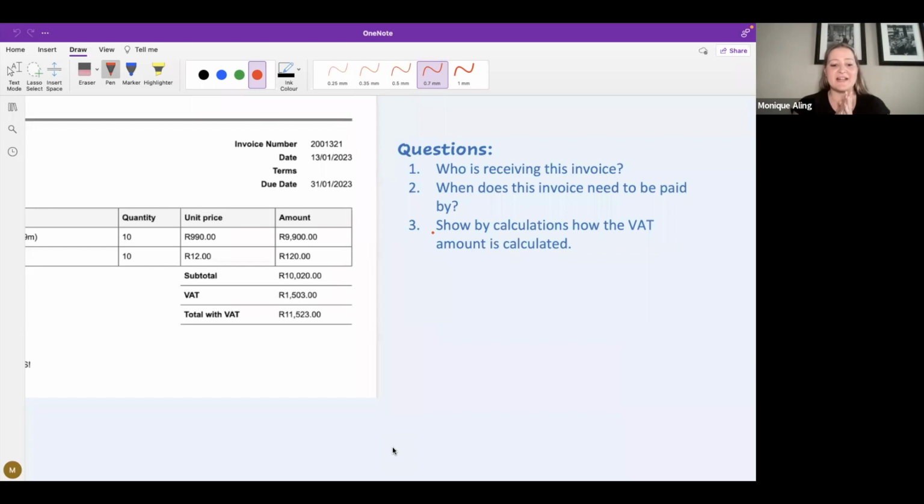Okay, to work out the VAT amount, you take your subtotal of 10,020 Rand, you times by 15%, which will give you the VAT amount. Because remember, VAT is at 15%. And Steffi's way also works, where you can times by 1.15.